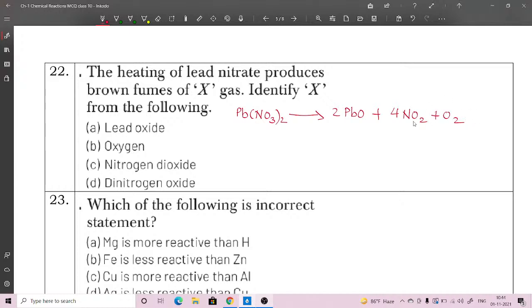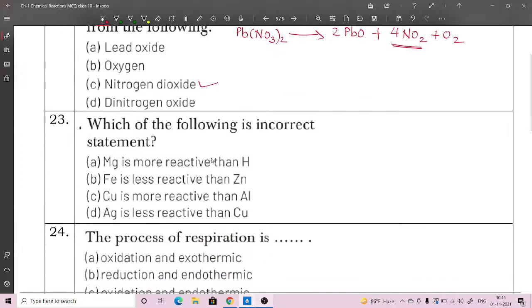So we know that the brown fumes of X gas are nitrogen dioxide gas. The options are A, lead oxide, B, oxygen, C, nitrogen dioxide, or D, dinitrogen oxide. The correct answer is C, nitrogen dioxide.